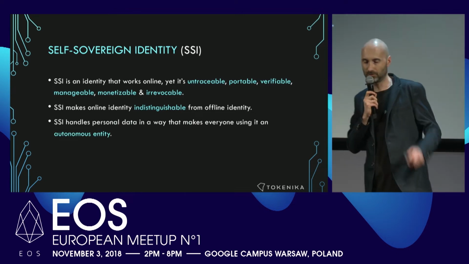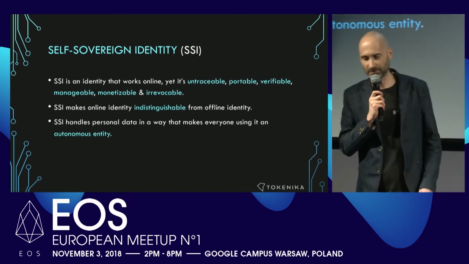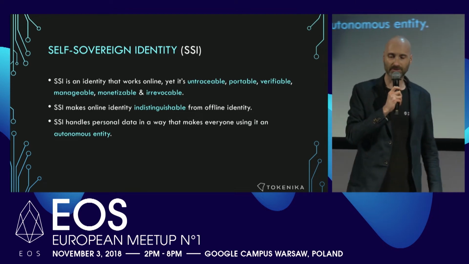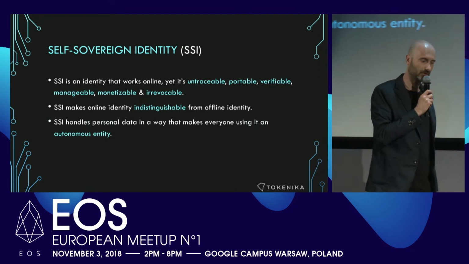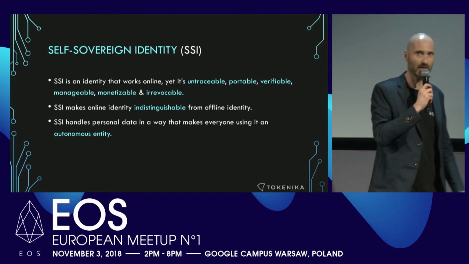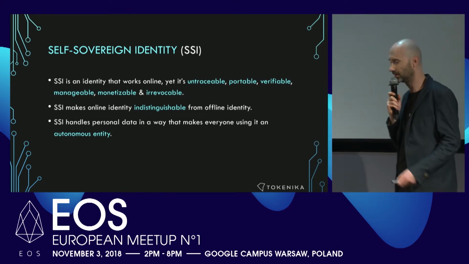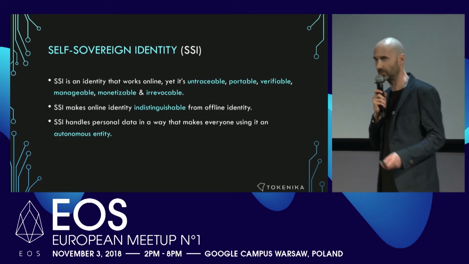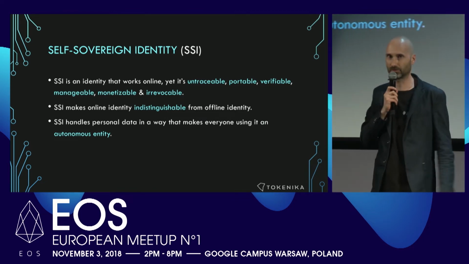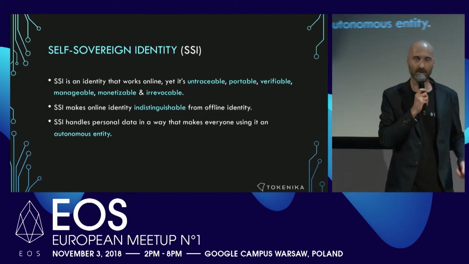And if you look at this from a different perspective, you can say that self-sovereign identity makes everybody involved really autonomous. We are acting not like tenants renting a flat, but like landlords or landladies owning a flat.